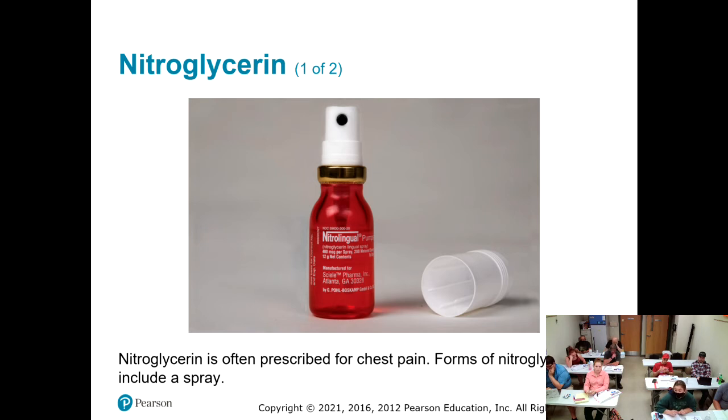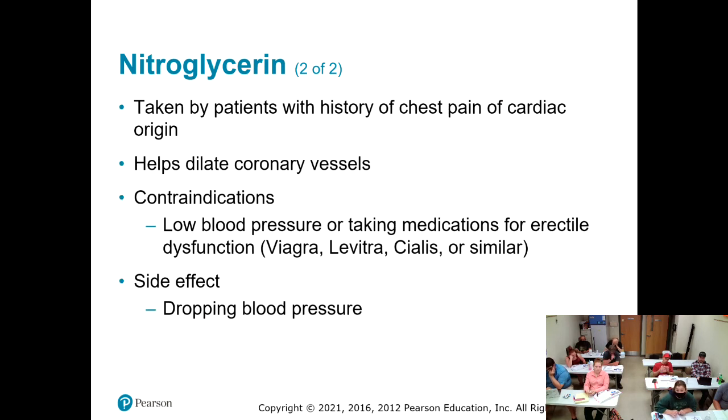Any questions on nitro? So, patients who have a prior history of chest pain or cardiac in origin chest pain, they are typically prescribed nitro. Like I said, it helps dilate the coronary arteries, so the arteries that supply our heart with blood. Contraindications, low blood pressure.